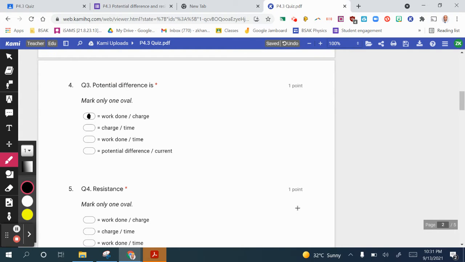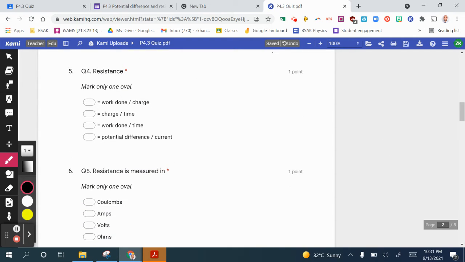Potential difference, remember, is just another word for voltage, so we write V for voltage. Work done we'll write W, or energy, we can write E instead, and then divide that by the charge. And we use the letter Q to identify charge. So as a symbol formula, the voltage, the potential difference, is equal to the work done divided by the charge.